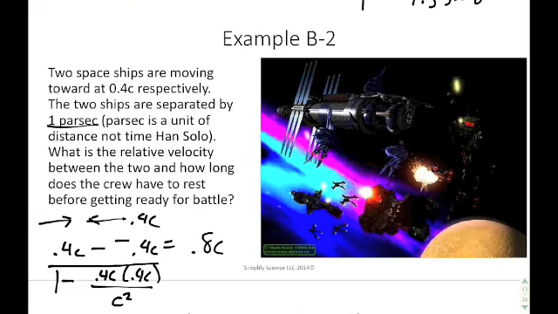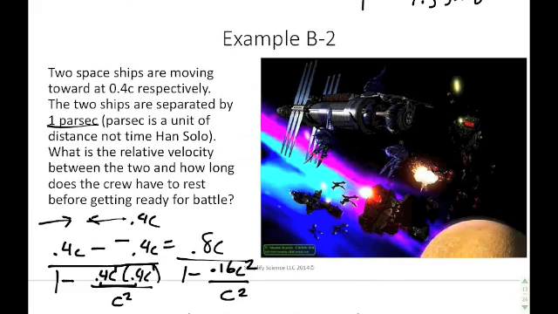A lot of times it's easier to leave them in terms of c, and you'll see why in just a second. So now it'd be 0.8 c, and then 1 minus 0.16 c squared. What I did is I multiplied the 0.4's together and the c's together, and I get 0.16 c squared divided by c squared.